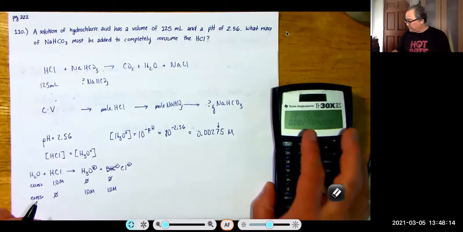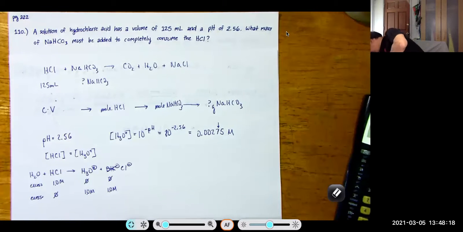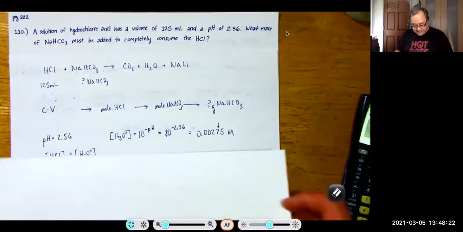So using this pathway, here's how I would proceed.